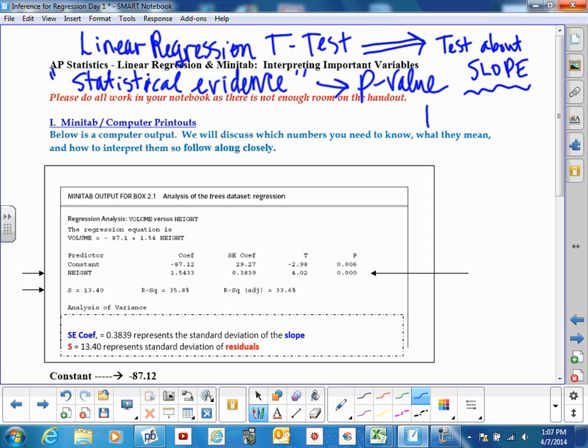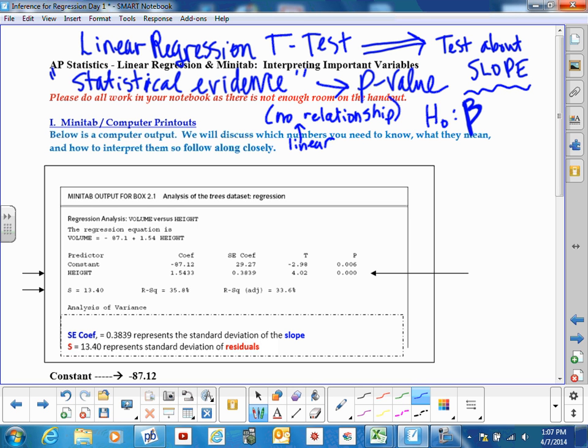If, and here would be your null hypothesis, if the slope of the population, which is represented by this capital beta, we've seen that before, it was type 2 error probability, but what would it look like for there to be no relationship going on? What type of slope would you have if you have no linear relationship?